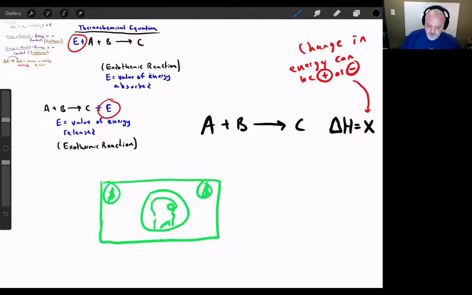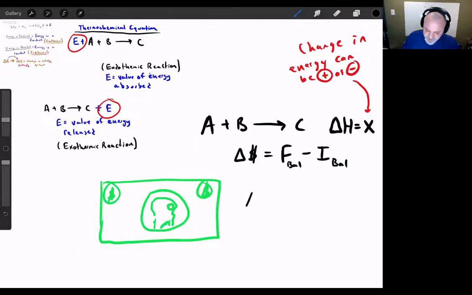If I withdraw $100, let's say that I have... final minus initial is how we calculate change. So this would be the final balance minus the initial balance.